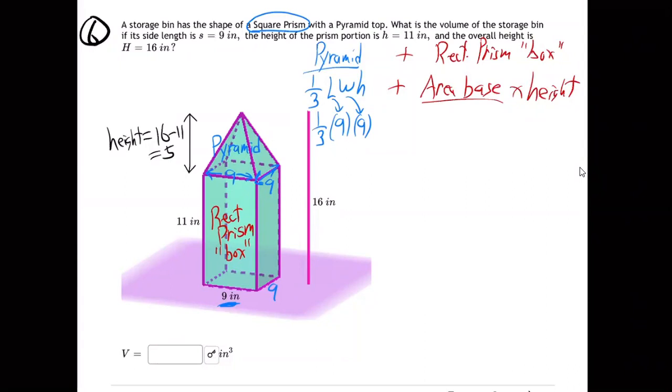That's got to be 5, because 16 is the height from the ground up through the box and the pyramid together, and the 11 is just the box. So the difference has got to be the pyramid's height. 16 minus 11, the pyramid must be 5. So we'll put in the pyramid's height as 5. Multiply those together on your calculator. I'm getting 135.